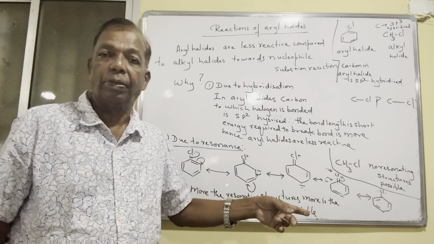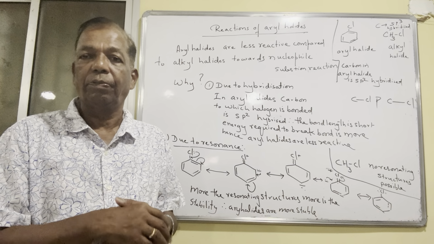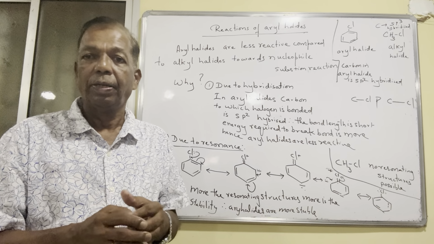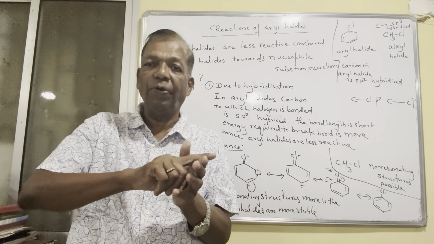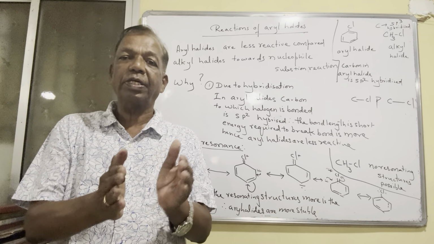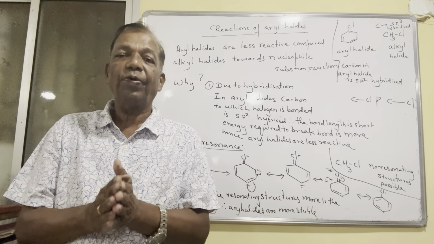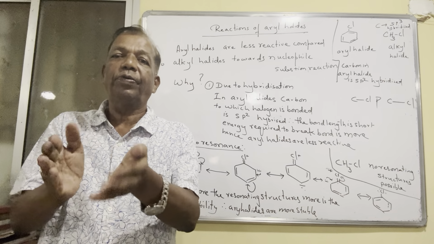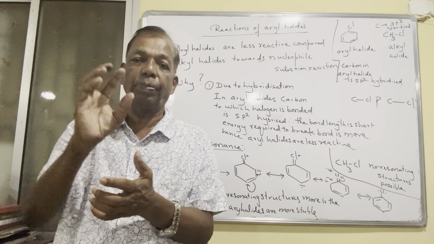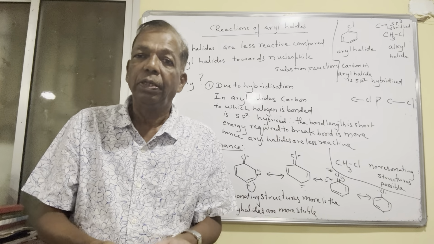Because they are rich in electron, if you carry out the reaction here with the electrophile, as you know, there is nucleophile and that is what you call electrophiles. Nucleophiles are negatively charged, means carry more electron. Electrophiles do not carry electron and therefore they carry positive charge.